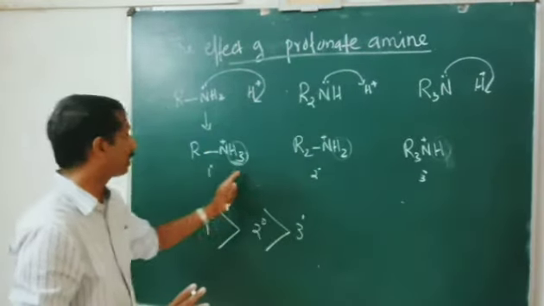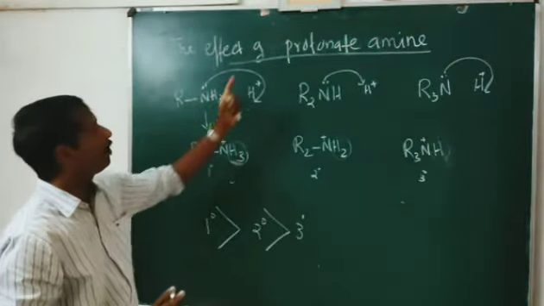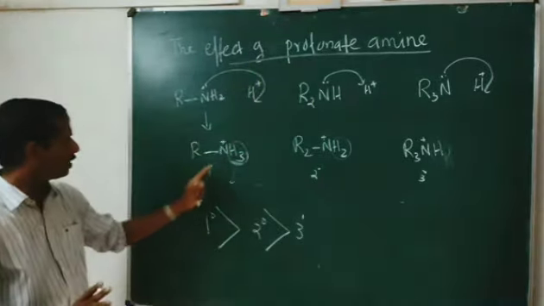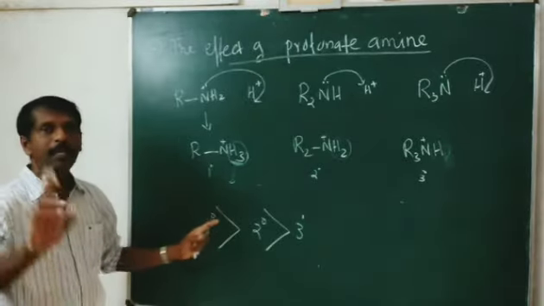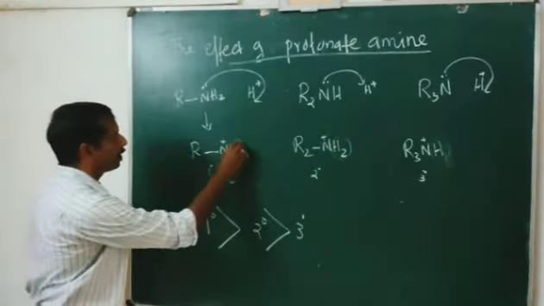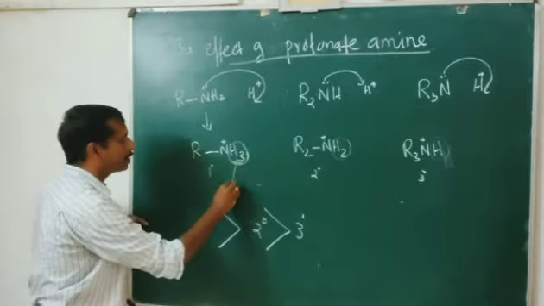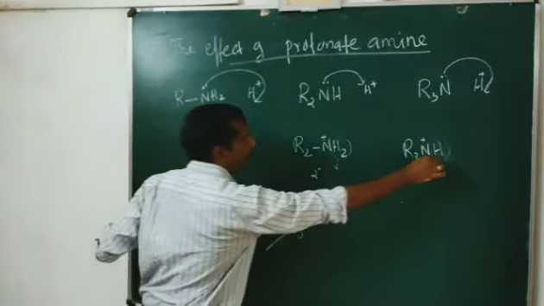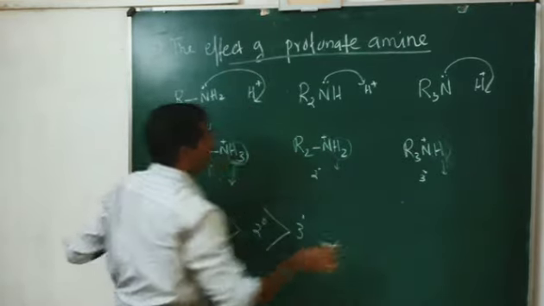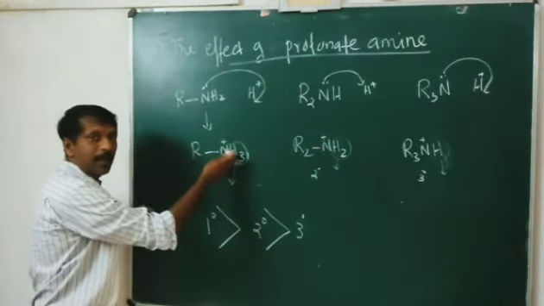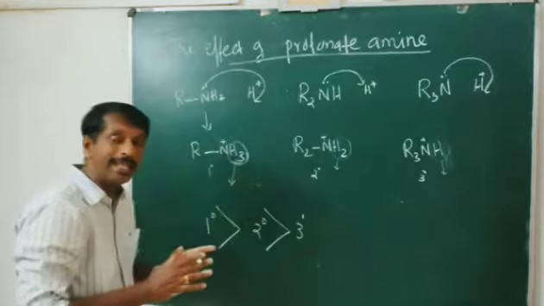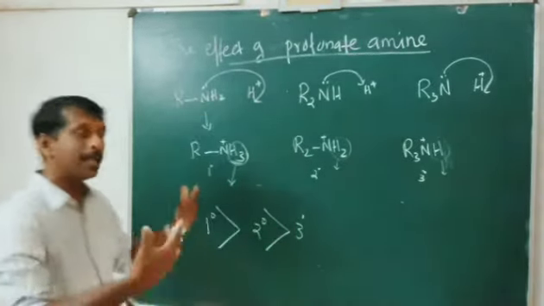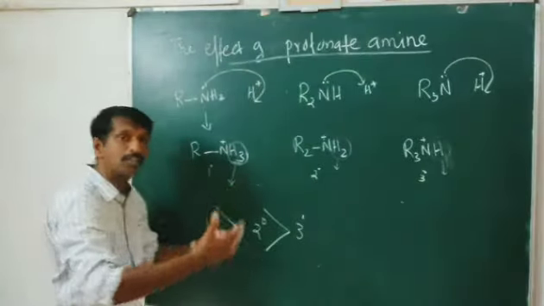But when you compare the basicity of protonated amine, primary protonated amine is most basic, because in primary protonated amine the number of hydrogen atoms is 3, in secondary it is only 2, and in tertiary it is only 1. As the number of hydrogen atoms increases, its ability to make hydrogen bonds will also increase. That means they will get more stability.